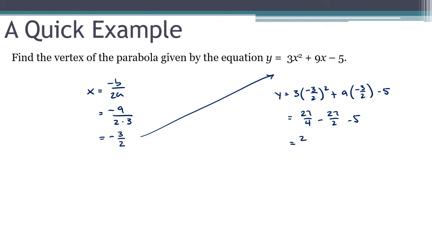We'll do a common denominator here, 27/4 minus 54/4 minus 20/4. What do we get? That's negative 27 minus 20 is negative 47, so it's negative 47/4, and that's it. There's my y coordinate. So the vertex of this parabola is at negative 3 halves, comma, negative 47/4.